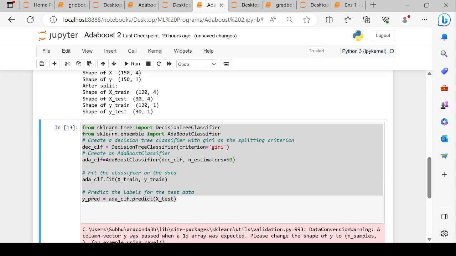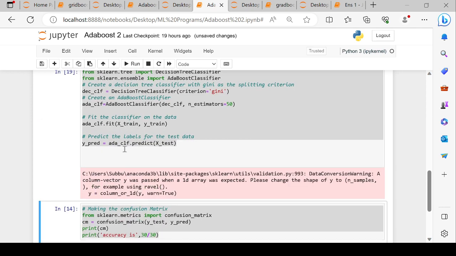Then, for AdaBoost, you need to have another classifier specified. For gradient boost, you don't require any other classifier, but here you require it: from sklearn.tree import DecisionTreeClassifier as the base classifier, then from ensemble import AdaBoostClassifier. Create a decision tree classifier object, use that object in the AdaBoost classifier, fit it, and predict the Y values corresponding to the test data.